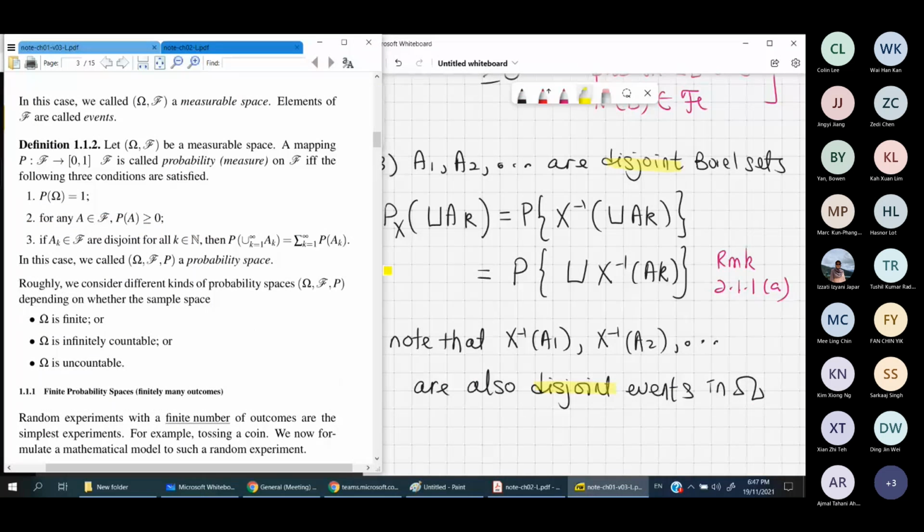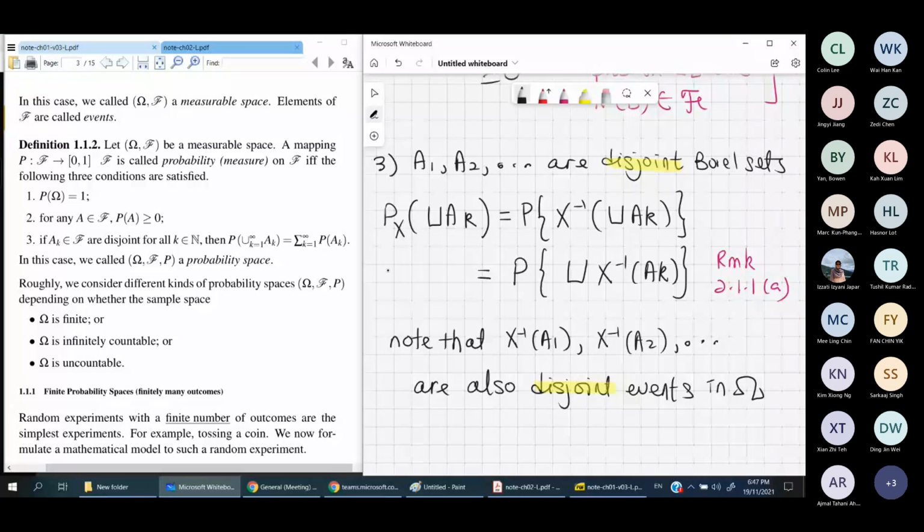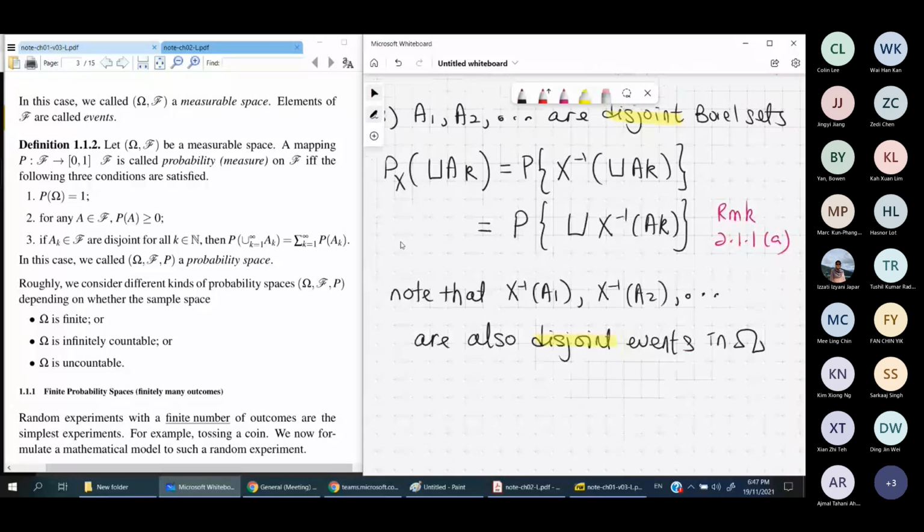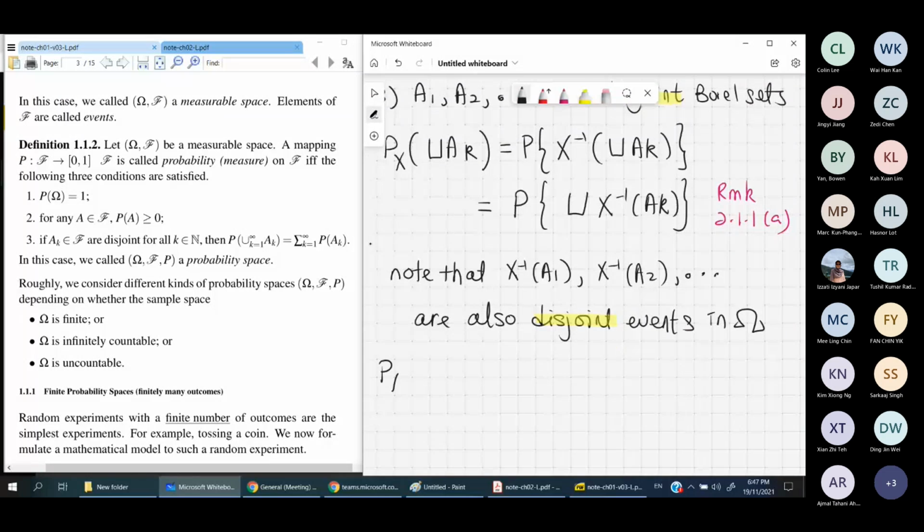Okay, so then we can see P can become like that: the sum over all K from 1 to infinity of P of X inverse of AK.